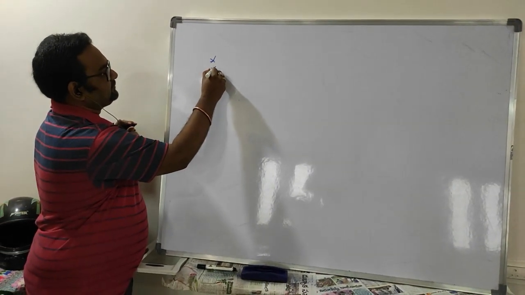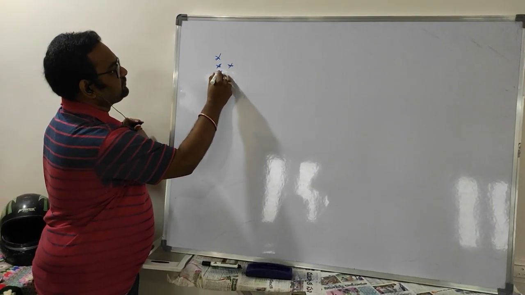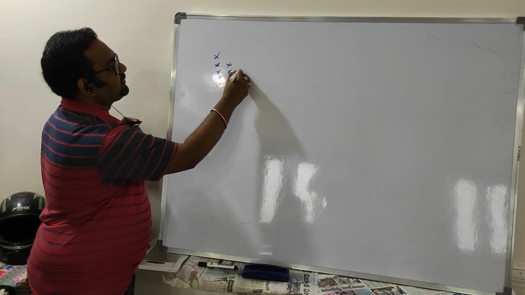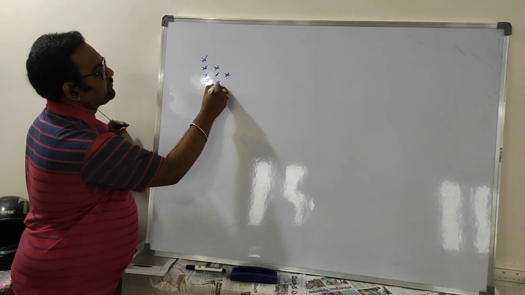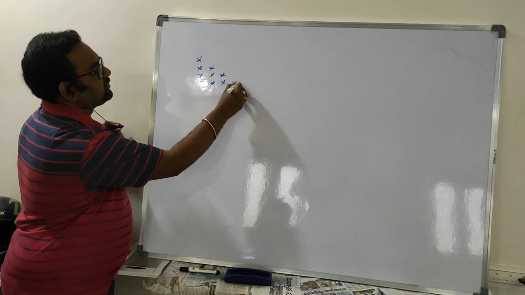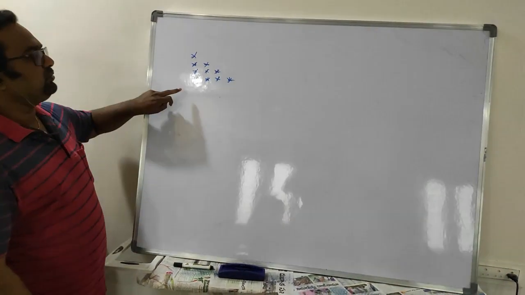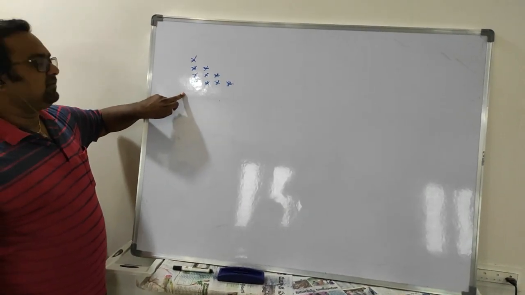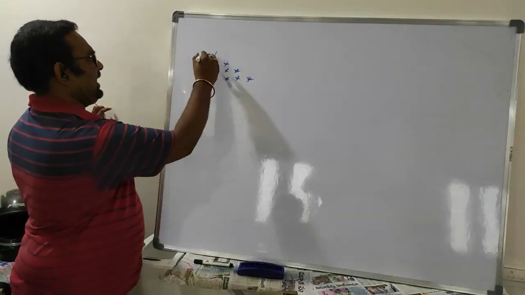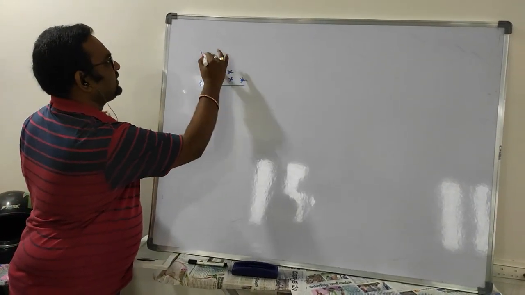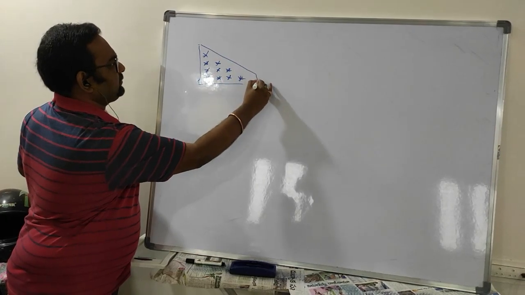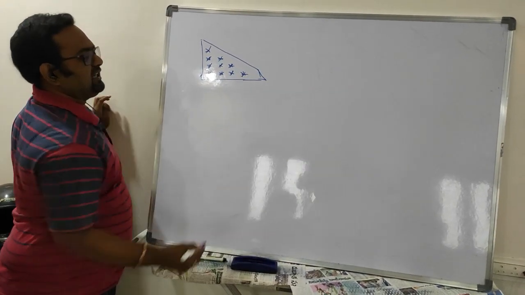So star. So this is my pattern. So I want to execute this program. This is a triangle. So how are you going to implement it in Java?